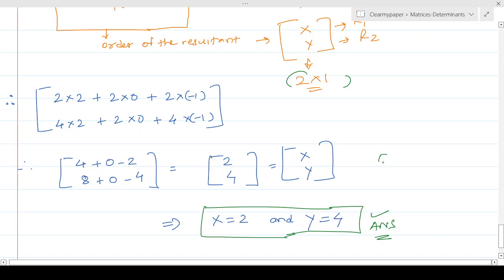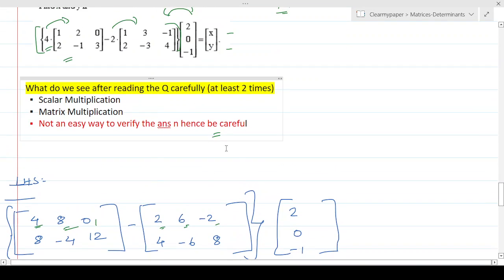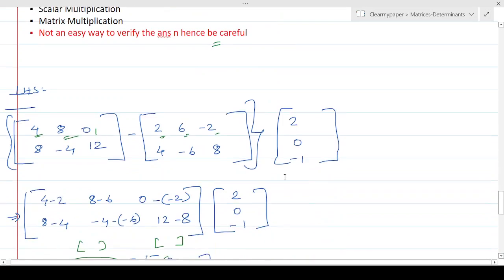So by equality of matrices, since both the rows and columns are same, I can straight away map the elements where x is equal to 2 and y is equal to 4, and that's the final answer. But it will be very hard for you to put this answer back and verify in some format, and that's the reason I told you to be careful with these problems or avoid them altogether if possible.